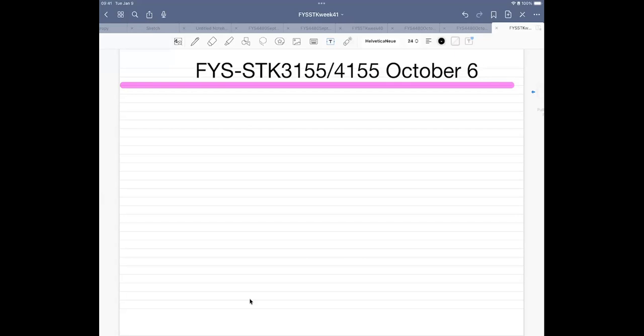So we are going to look at a case which is simpler than the exercises this week. In the exercises this week, we are going to have a vector first as an input. Now we're going to have a scalar. And we are going to look at first an example without a hidden layer, just so that you get acquainted with the way we calculate these expressions with the chain rule, okay?